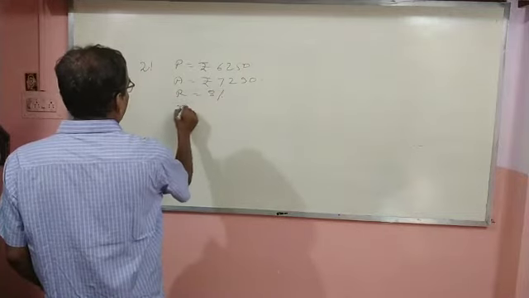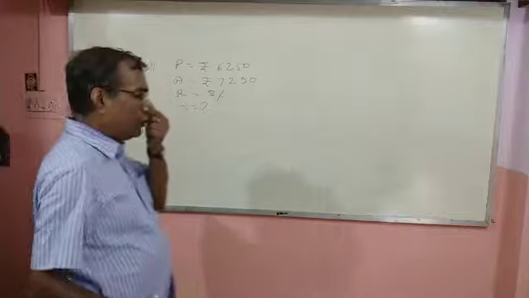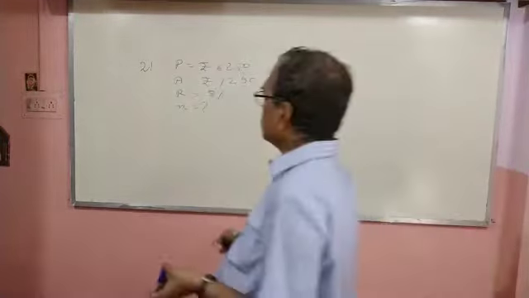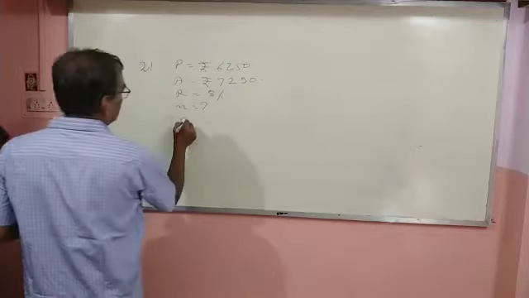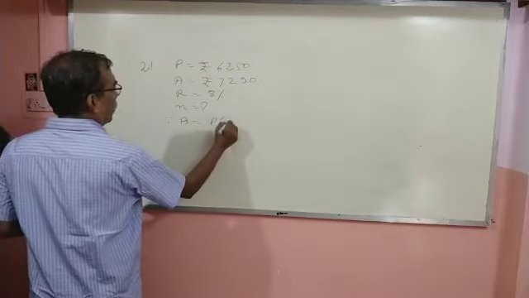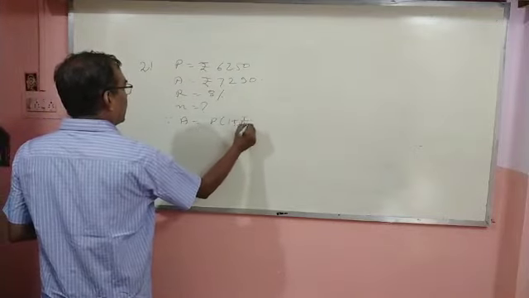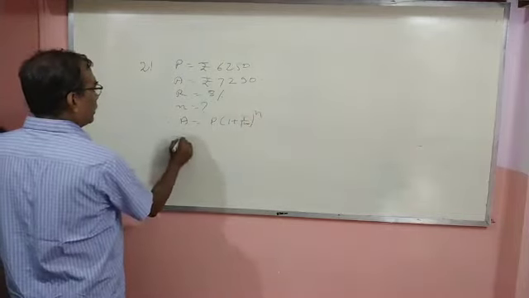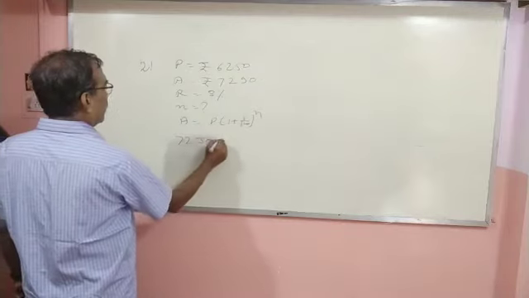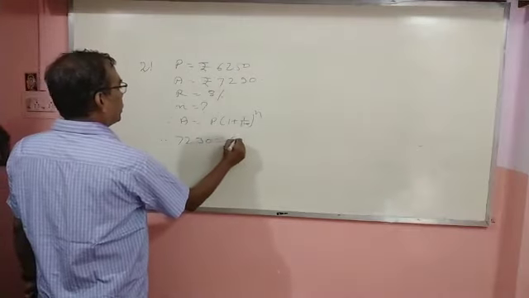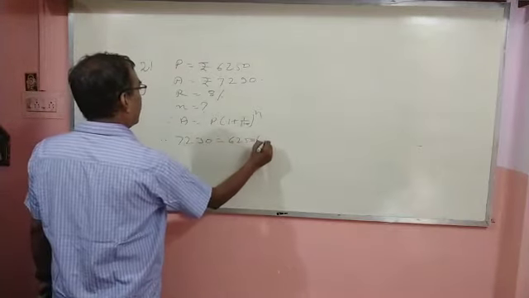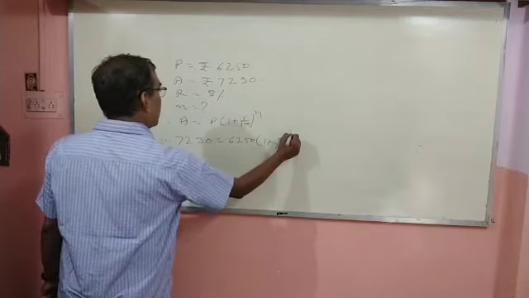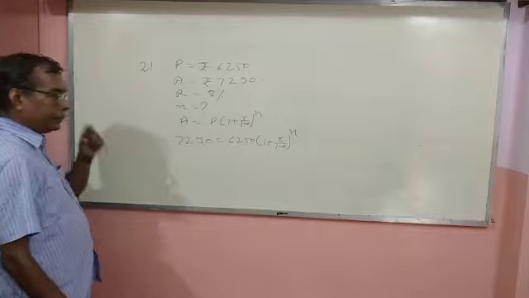You have to find n, the number of years, the time. Since amount is equal to P into 1 plus R by 100 power n, the amount is 7290, P is equal to 6250, and 1 plus the rate, 8 by 100, whole power n. Only n you have to find.